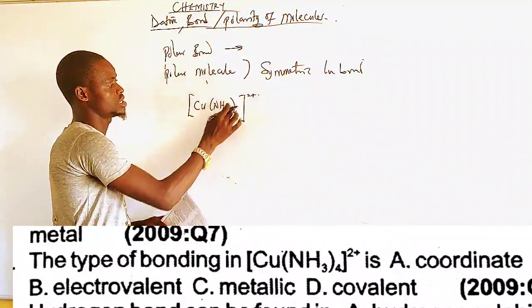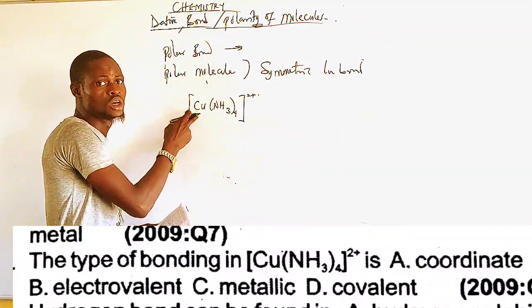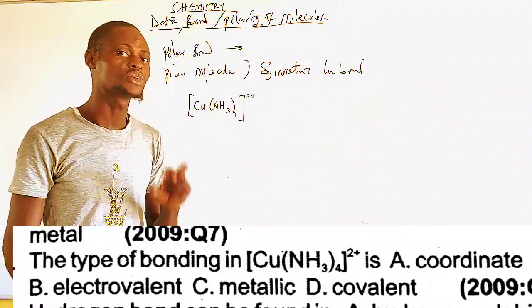Whenever you see something of this scale, we have transition metals. One of the major properties of transition metals is that they form complex ions.